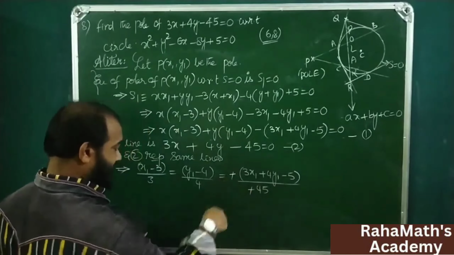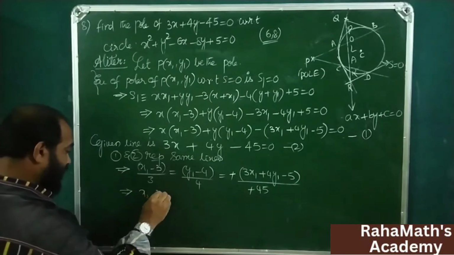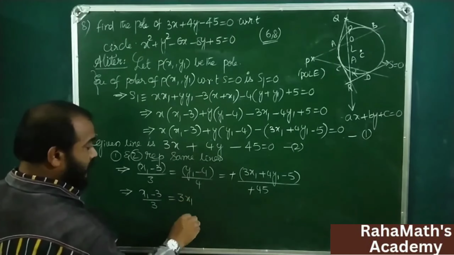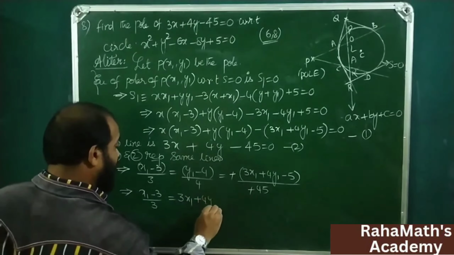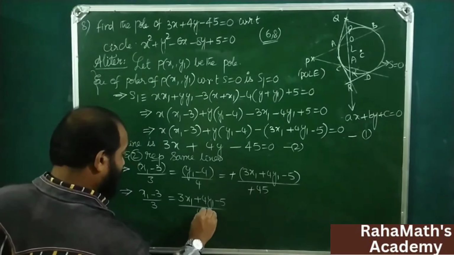So minus gets cancelled, which implies (x1 minus 3) by 3 equals (3x1 plus 4y1 minus 5) by 45.